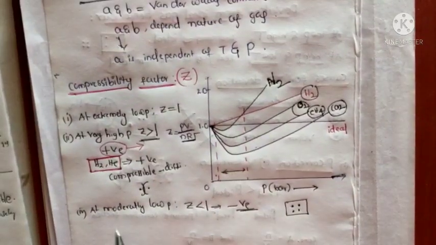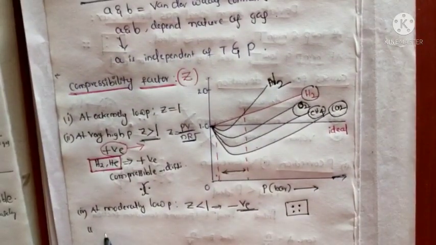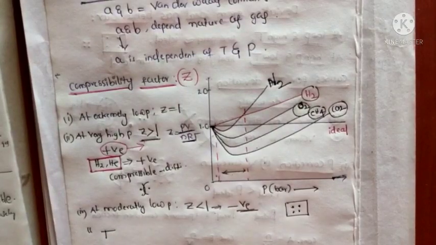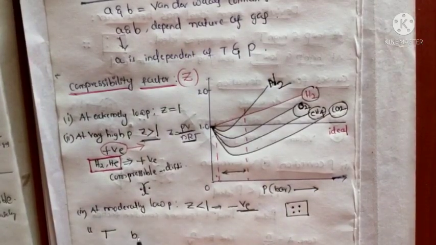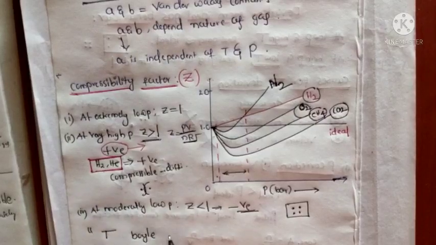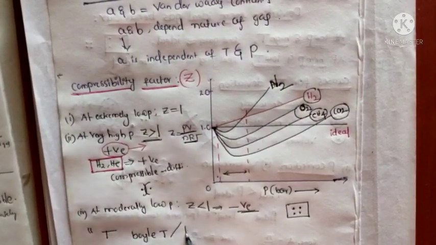And next, very important: the temperature at which real gases obey the ideal gas law over an appreciable range of pressure is called Boyle temperature or Boyle point.